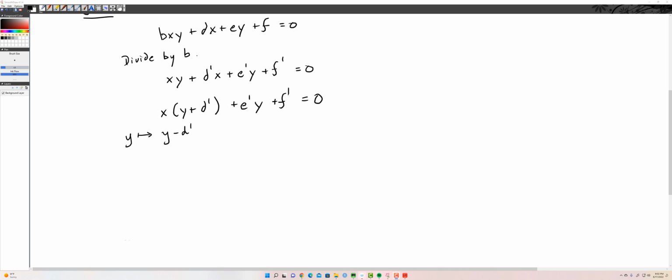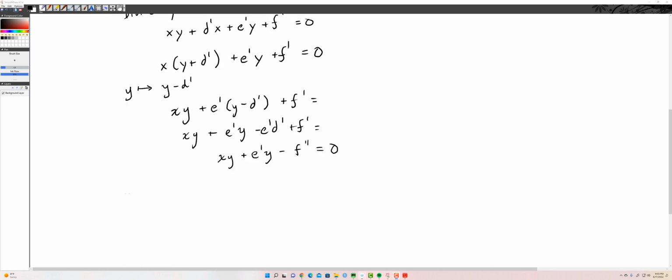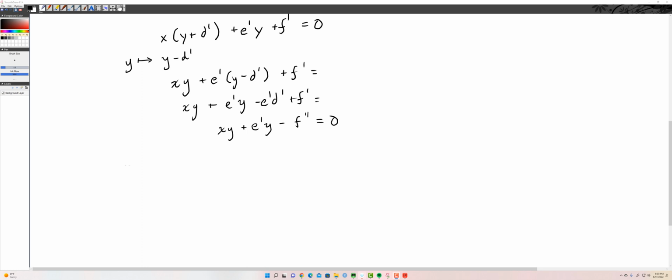I'm now going to send y to y minus d prime. This is just a linear transformation. I've now gone ahead and simplified this. So basically I've plugged in y minus d prime everywhere I saw a y. That took care of this plus d prime. Now I've got xy, and then I had to factor through, and I just simplified this constant term to f prime prime.